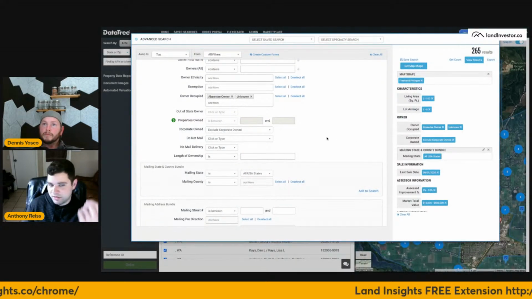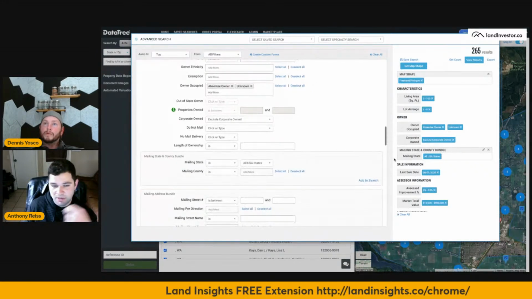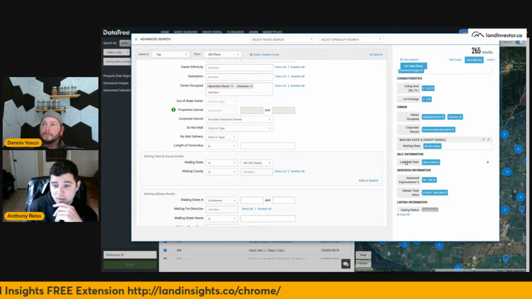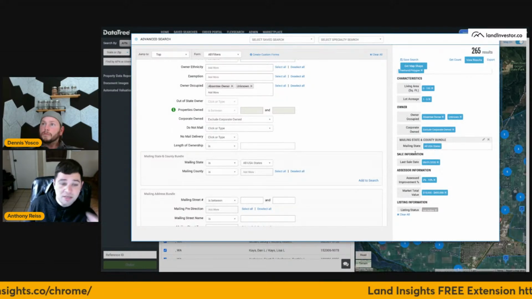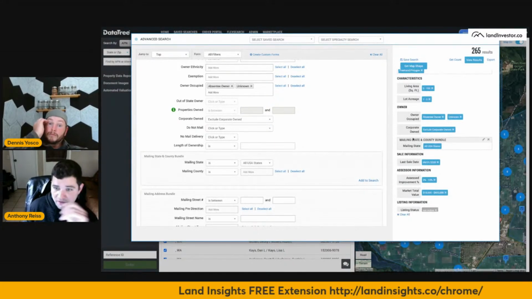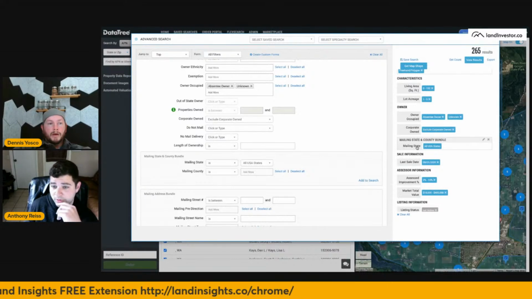Sometimes if I notice an area with an extreme amount of corporate owned, I'm going to take those out, maybe because there are a lot of minerals out there and a lot of mining companies. I don't want to sift through all of them, whatever it may be. But we definitely buy land from LLCs, corporate, you name it. So that does happen. But in this case, for the sake of this exhibition, I guess we're going to exclude corporate owned.